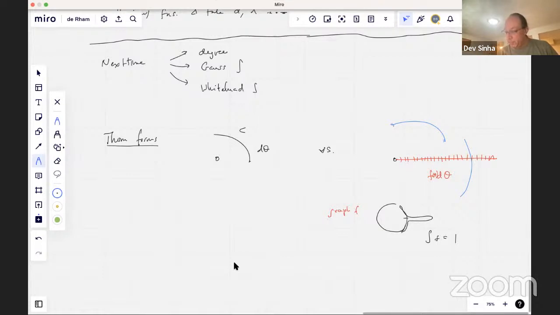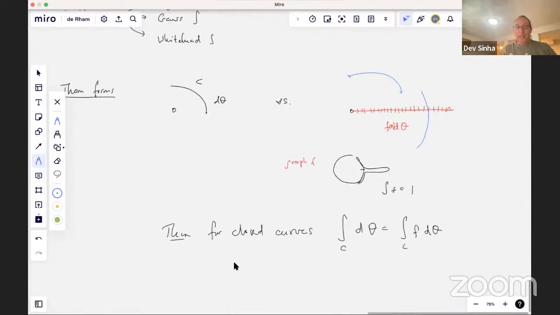And we'll talk about this a little bit. The integral over C of d theta is the integral over C of f d theta, up to 1 over 2 pi as I've written it, because I just said that the integral of f should be 1. Maybe I should have said it should be 2 pi, and then I wouldn't have had to fudge that. But the point is that these are equivalent ways.